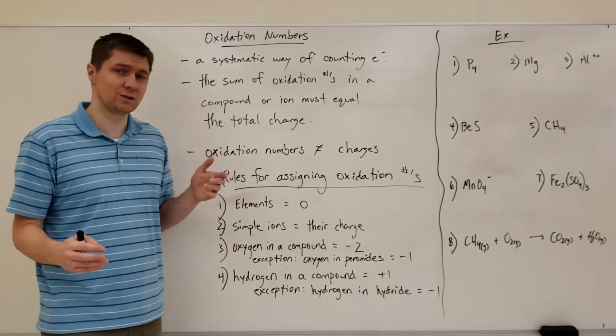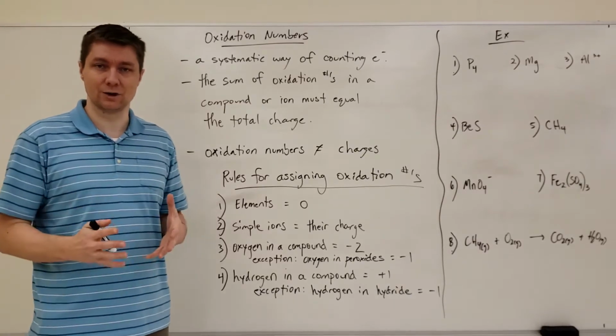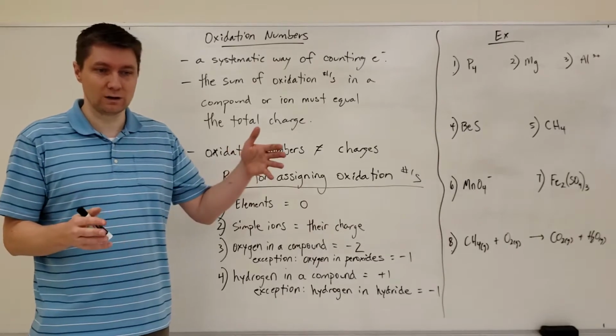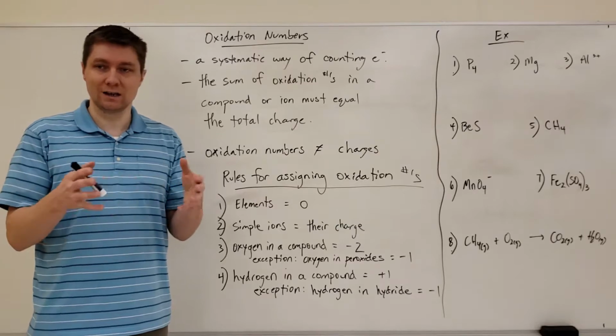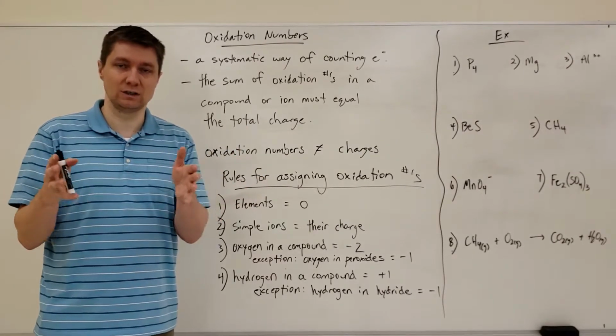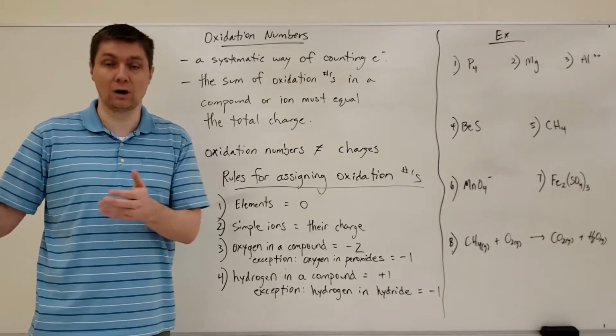The first thing that you need to understand is that oxidation numbers are just a systematic way of counting electrons. And because of that, when we are assigning oxidation numbers, we assign them in compounds so that the sum of all those oxidation numbers equals the charge of that compound or ion.